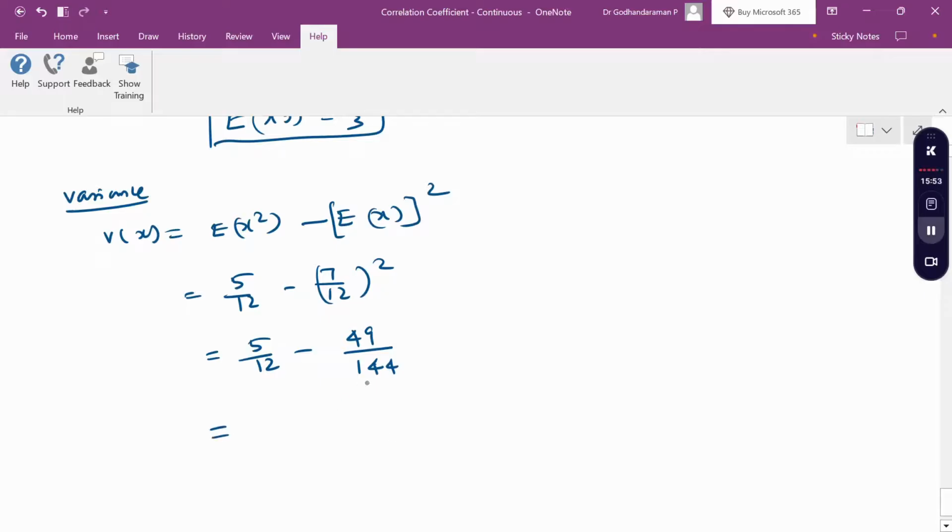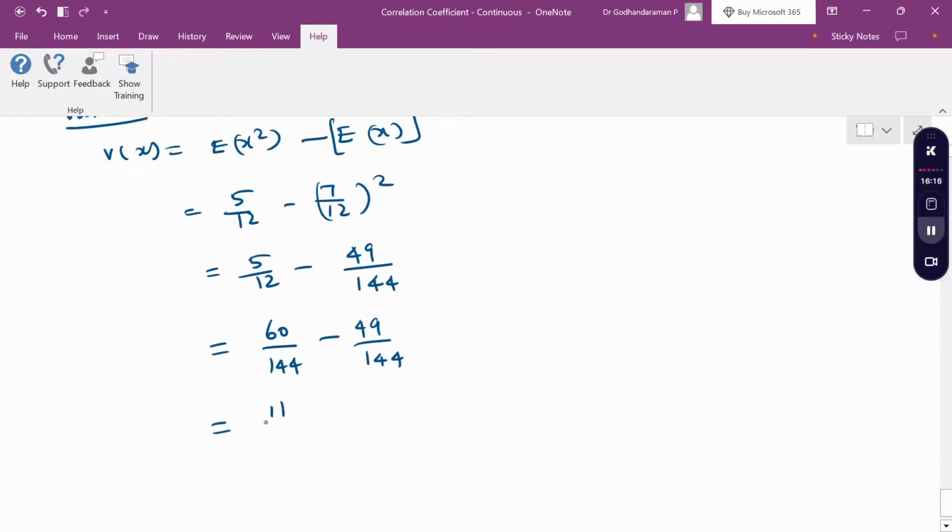Taking 144 as the LCM, 12 into 12 is 144, so 12 into 5 is 60 by 144, because I multiplied by 12, minus 49 by 144. So this is 11 by 144, the variance of x.